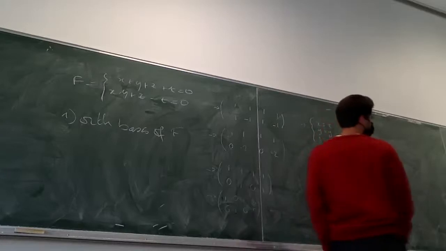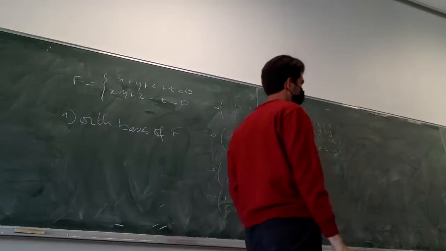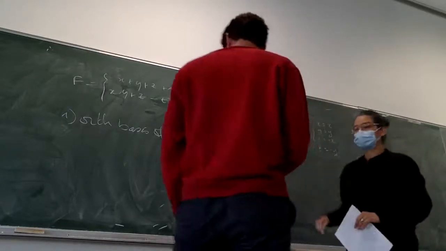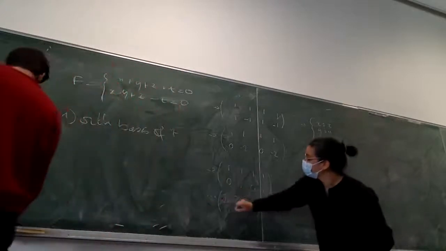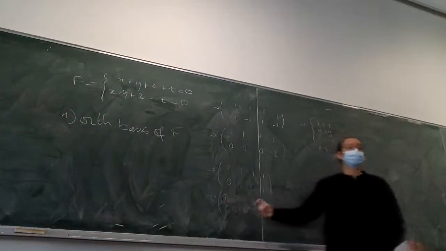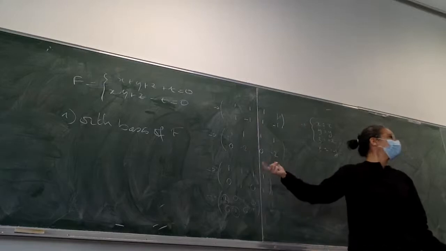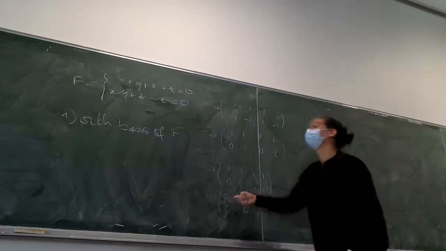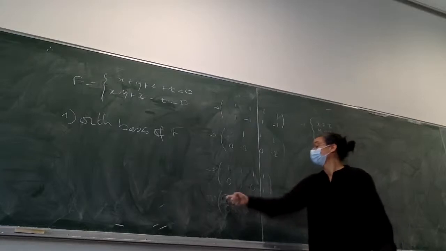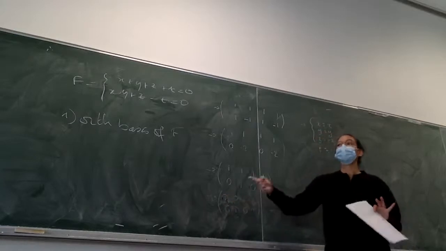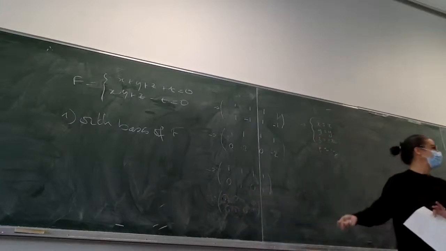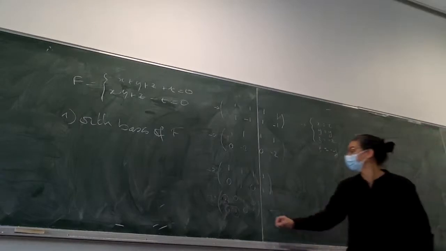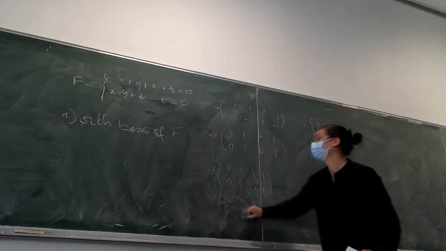Okay, that's correct. The more usual way to do it is actually the contrary. Your pivots are the numbers at the beginning of the rows, so they correspond to the dependent variables. That's the first 2 rows, the first 2 columns, so that's going to be x and y. Usually this is how we fix our dependent and free variables: dependent are the ones corresponding to pivots, and the free are the other ones.